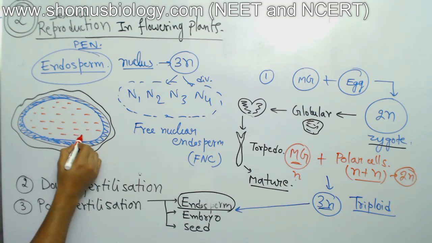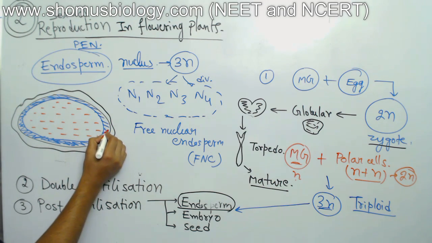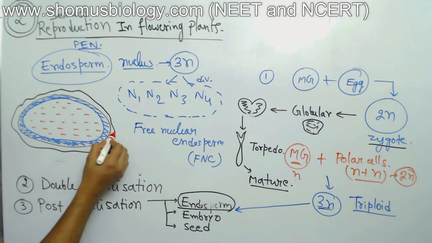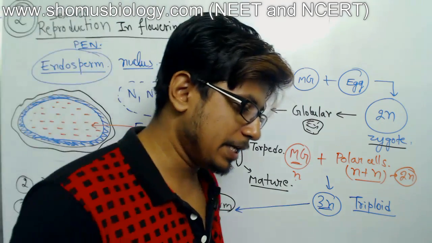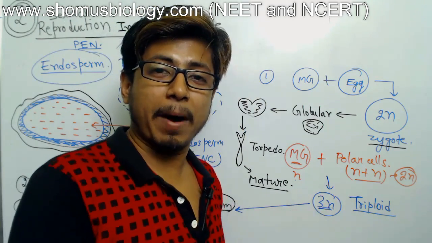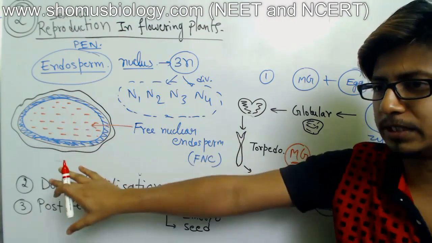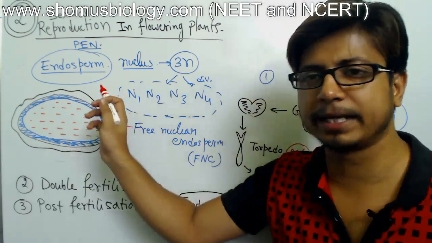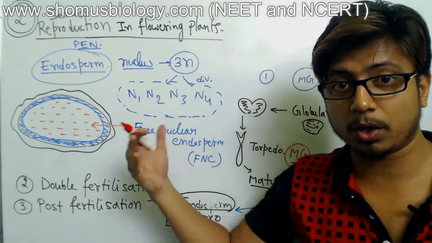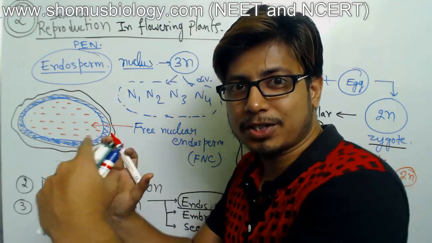Now what happens during the modification of the coconut seed? This liquid part is nothing but free nuclear endosperm. This free nuclear endosperm will remain as it is because the nucleus is not completely covered by a cell wall. It's not created because maturation may not always take place completely, so that may continue. On the other hand, the tissues surrounding that liquid region are the tissues where cell walls start to form.